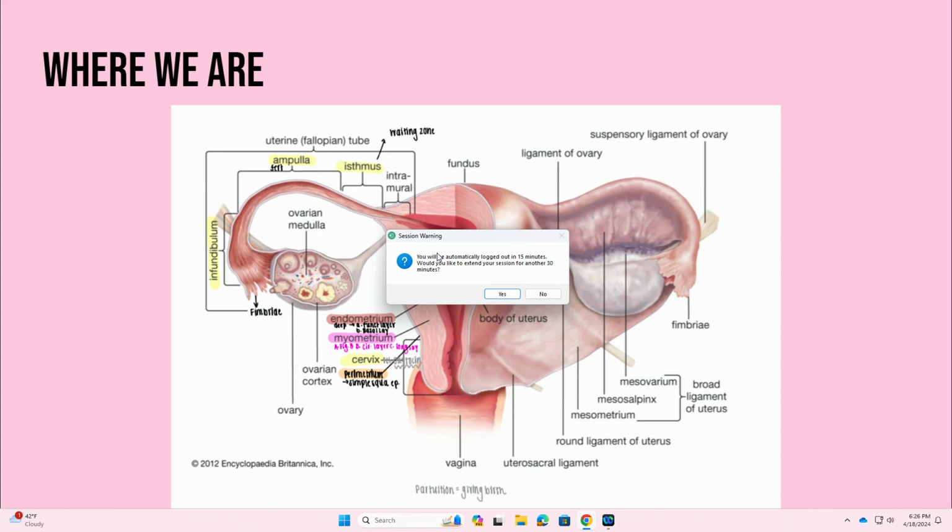Again, if there's no embryo, the corpus luteum is going to wither away, progesterone is going to decrease, and then we're going to start the cycle all over again.